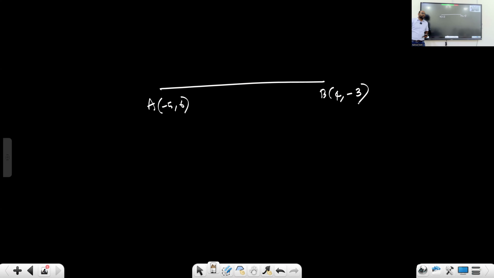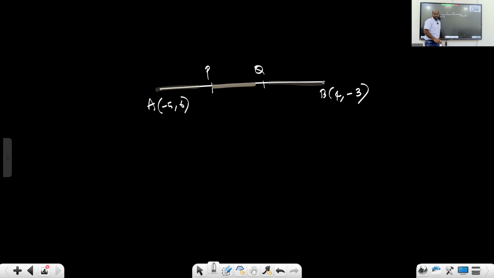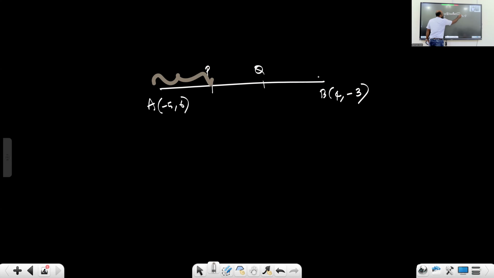Trisection means three equal parts. Those who have doubt, listen; others can proceed. You can see three equal parts: first part, second part, and third part. For three equal parts, only two points will be there. Here, how many equal parts? 2. Here, how many? 1. So you can take the ratio either 2:1 or 1:2.